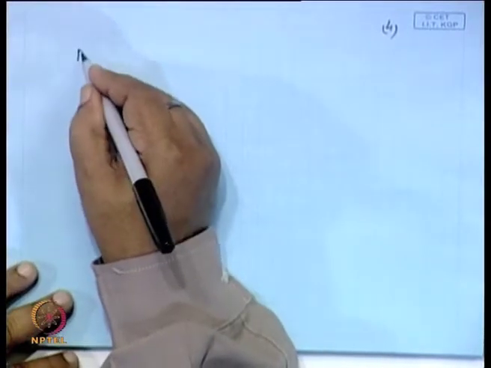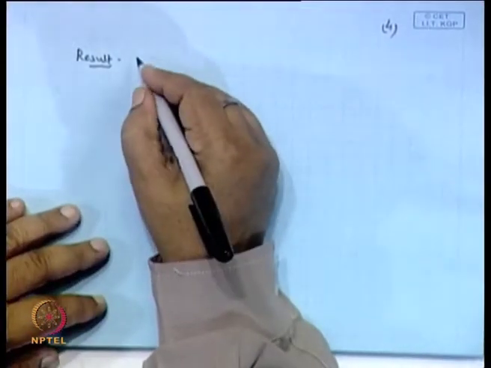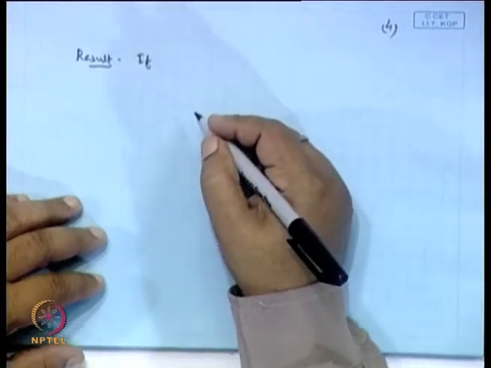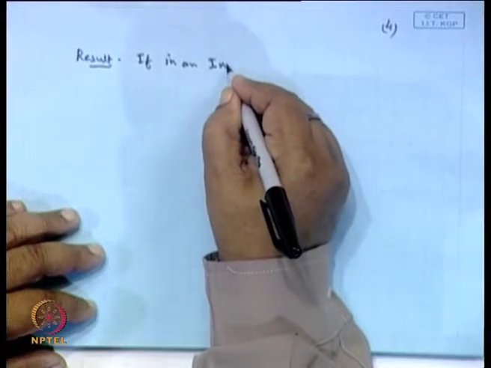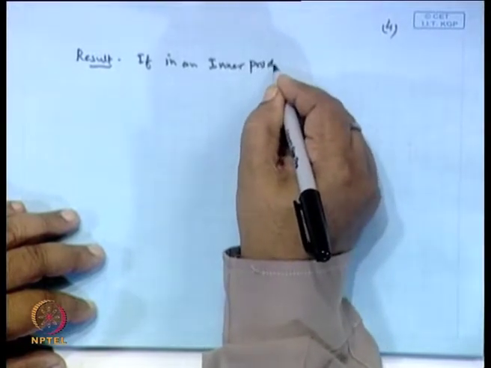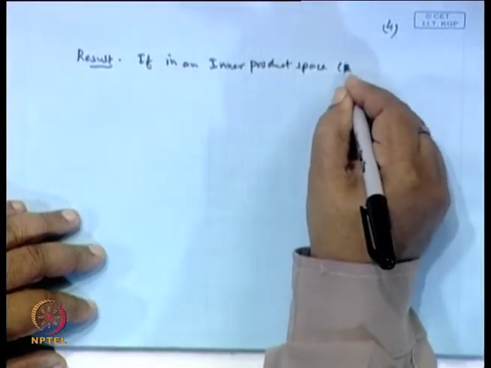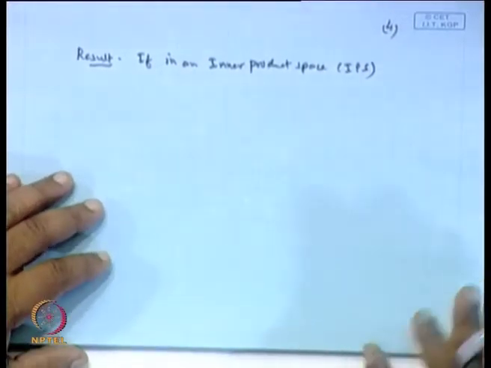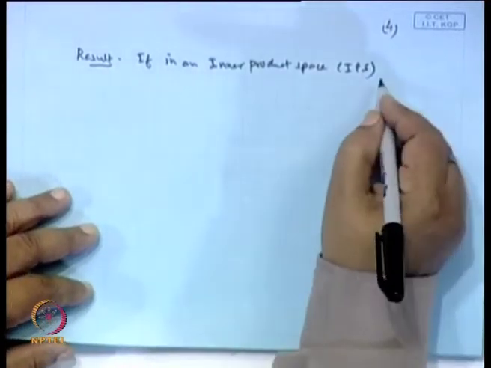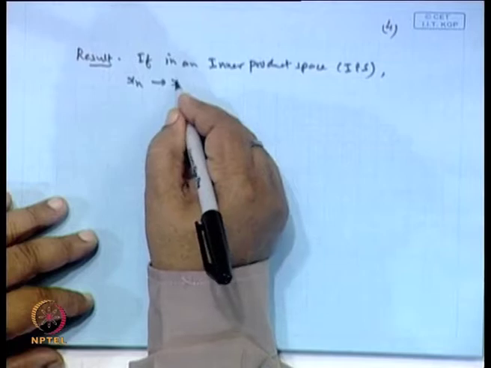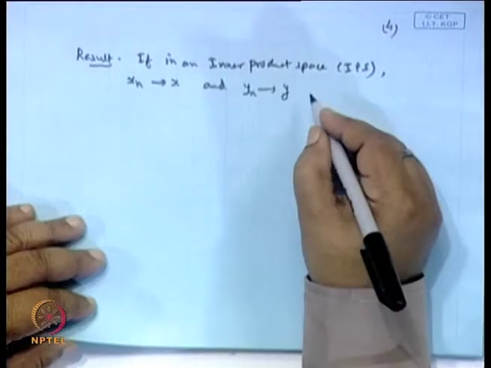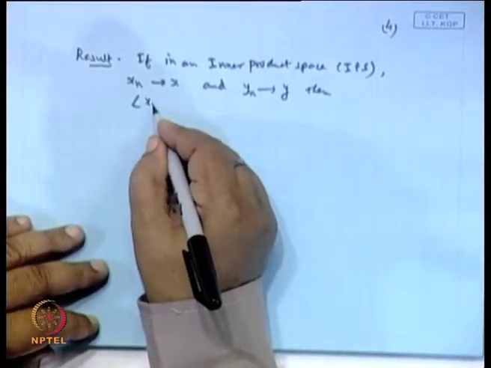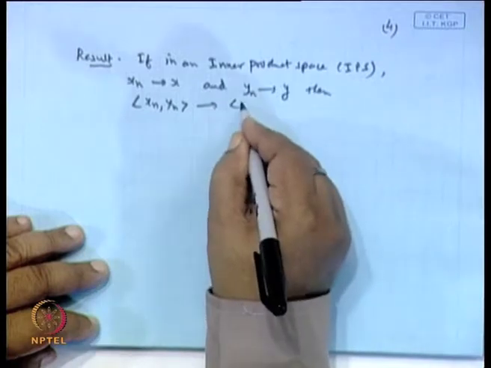So, the result is like this: in an inner product space, we write IPS for short, if the sequence x n converges to x and y n converges to y, then the inner product of x n, y n will go to the inner product of x, y.